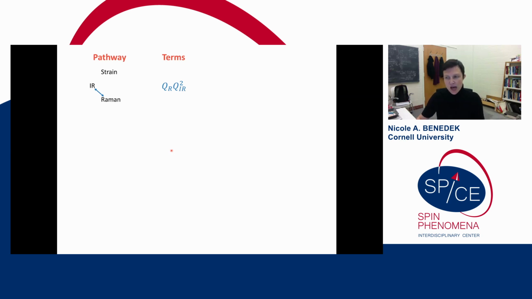In the following slides, we're going to explore what happens with the dynamics when some of these pathways or couplings are switched off. In the first set of data, we only allow coupling between the IR and the Raman modes, which means that we have terms that look something like this in our energy. We have many more terms because we have lots of modes, but they're going to be some IR mode coupled to some Raman mode at some order.